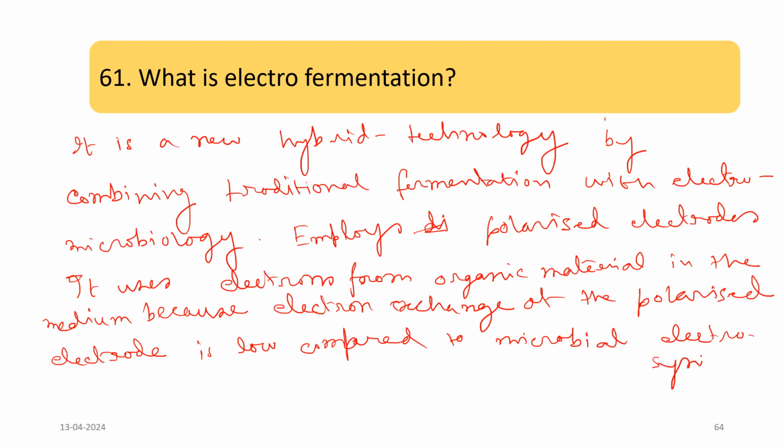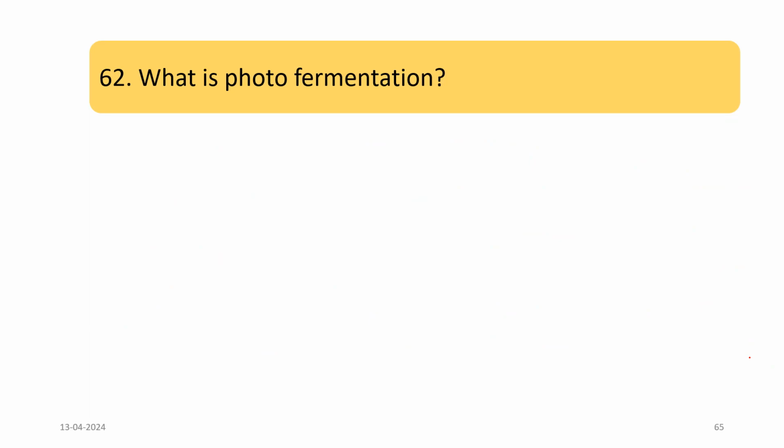The details are given in the lecture slides, so you can learn from that. In dark fermentation, it happens in the absence of light. Electrofermentation means it is happening in the presence of electrodes or polarized electrodes.